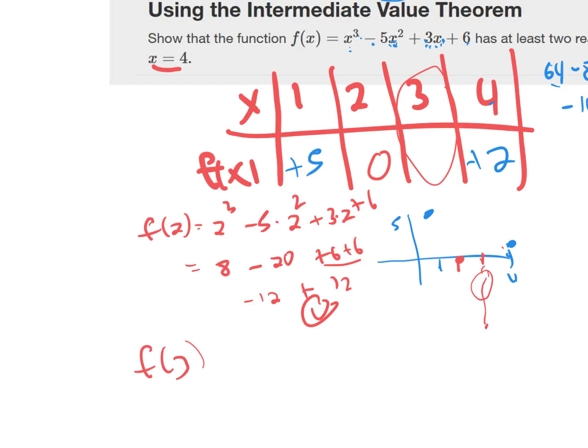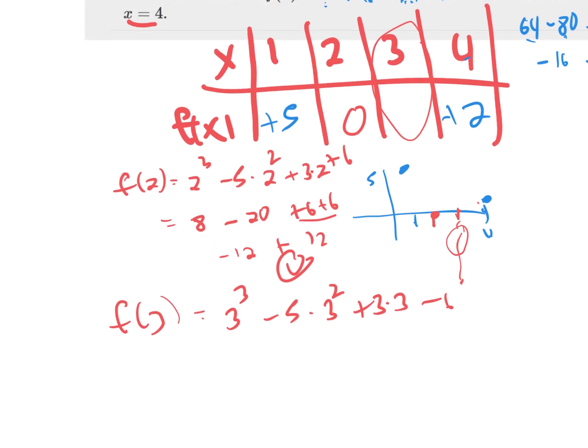Let's check it. F of 3 will be 3 cubed minus 5 times 3 squared plus 3 times 3 minus 6. I hope it works. It's always a chance. Here it goes. 3 times 3 times 3 is 27.